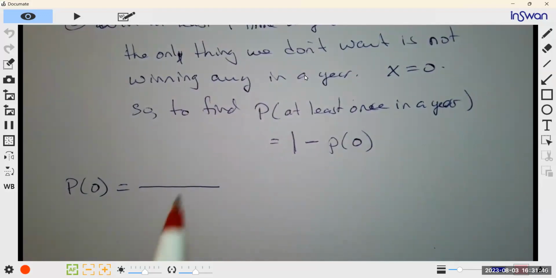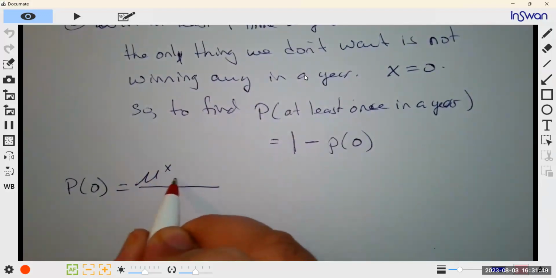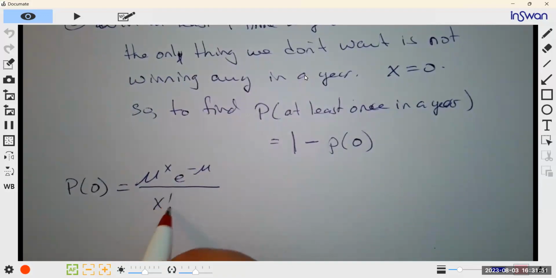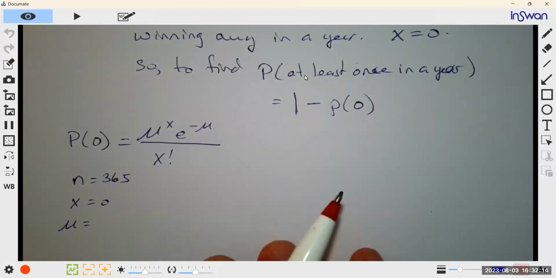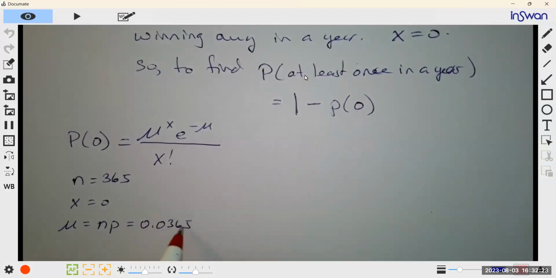Using the Poisson distribution, our n is 365, our x is 0, and our mu is n times p, which we did earlier, 0.0365. That's all we need.